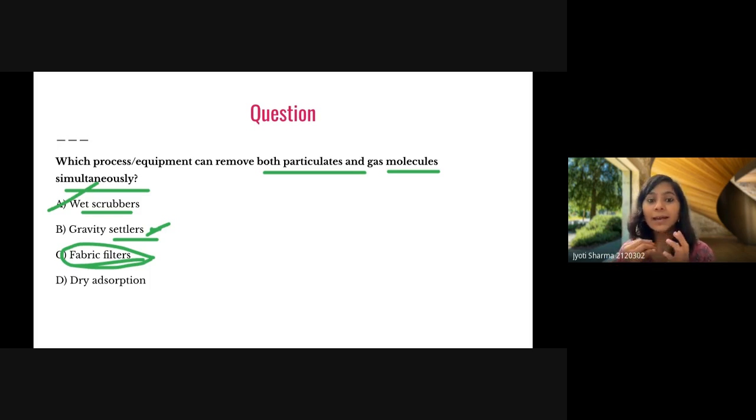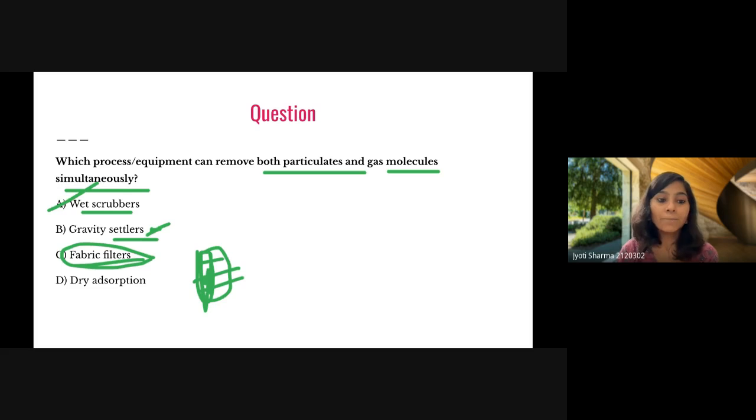Otherwise it can act to remove particulate and gas molecules, but most of the time we have just woven fabric, and we are not using any chemicals in it. So the thing is, it can just remove the particulate but not the gas molecules.